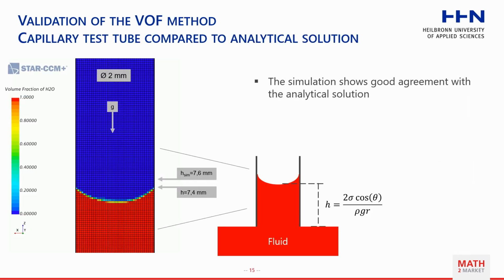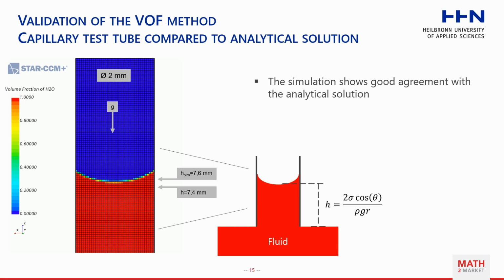But how do I make sure my results are correct? Therefore, I have set up a very simple capillary rise simulation. So I can compare my results to the analytical calculations of the capillary rise in a tube.